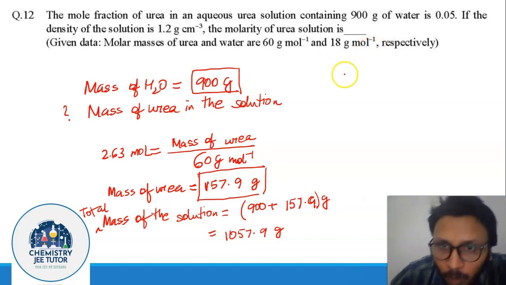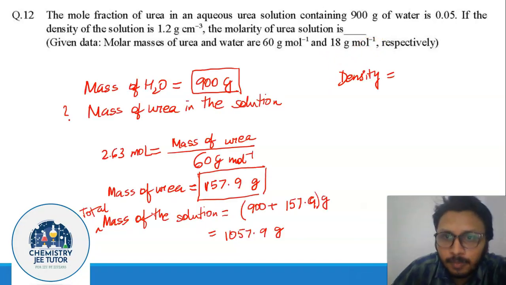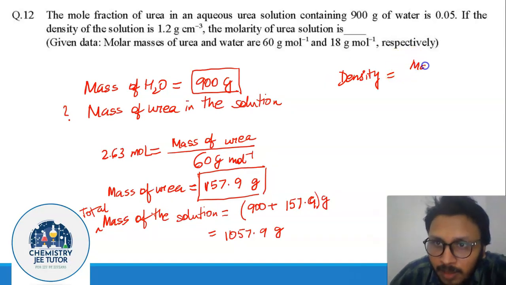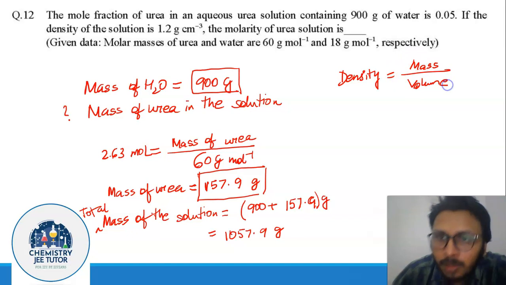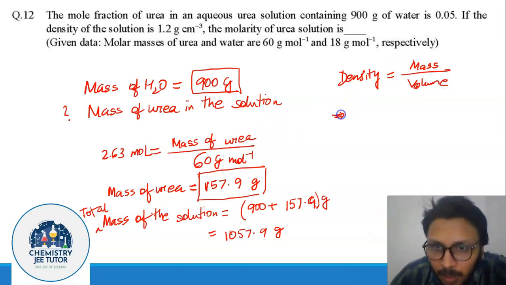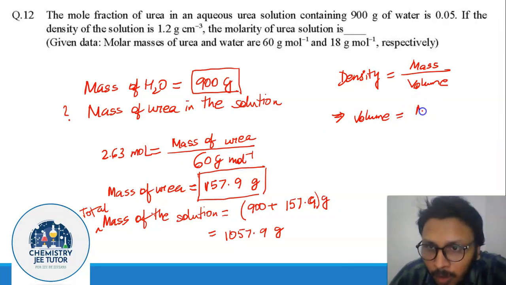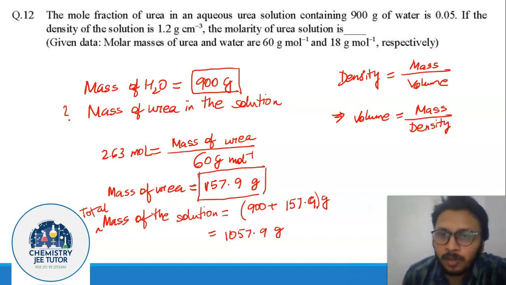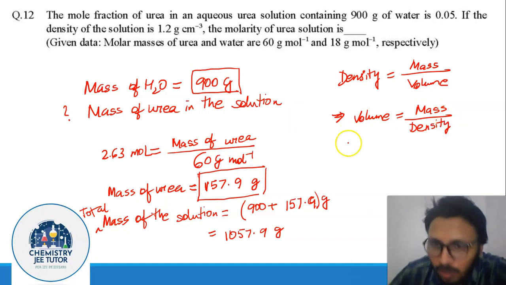And we know the formula: density is mass by volume. So from here we can get volume is equal to mass per density. So we put the values.